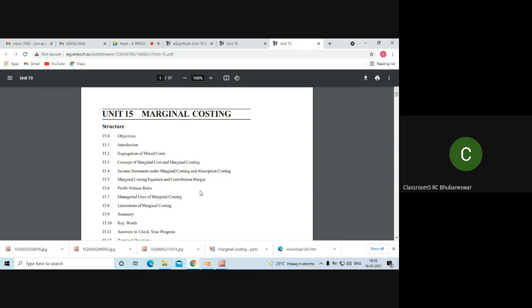That means beyond the BEP point, whatever profit you want to attain will be identified by deducting only the variable cost, because fixed cost has already got absorbed. So we only have to deduct the variable cost and the remaining part is profit. After attaining the BEP, all the excess over variable cost is profit.